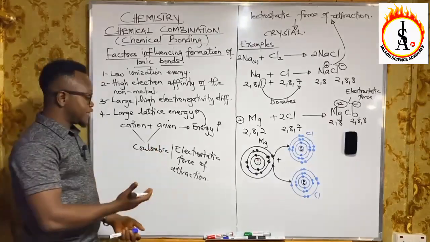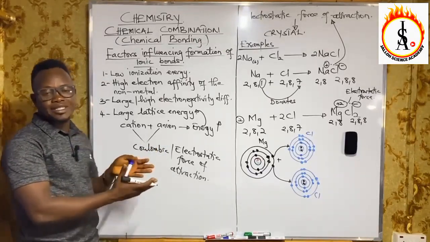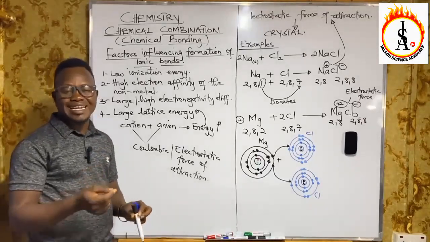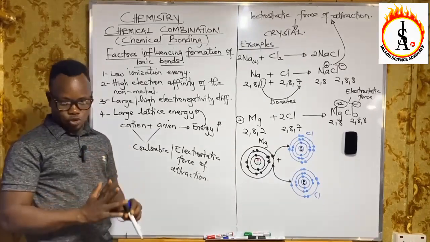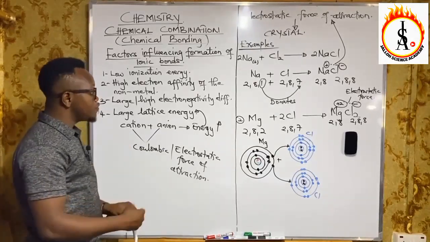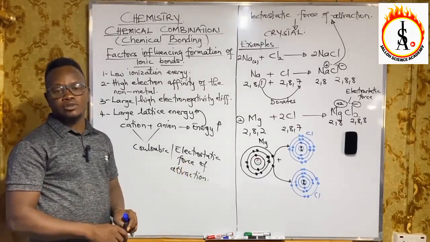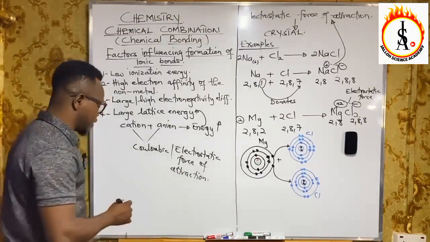So the quantum of energy released also determines the stability of the product. Because if the total energy released is more than the one that is absorbed, then that will favor the formation of ionic bonds. So next we look at the characteristic properties of ionic compounds.